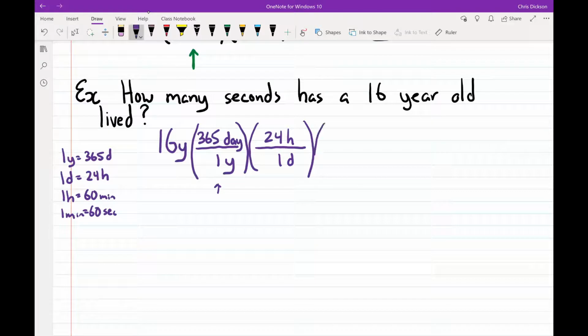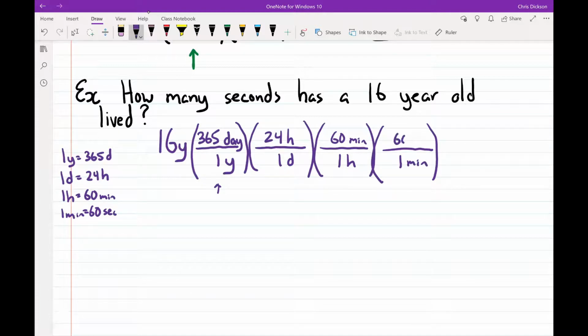Now my next conversion factor has to go from hours to minutes. So every 1 hour, there's 60 minutes. And my last one is going from 1 minute into 60 seconds.